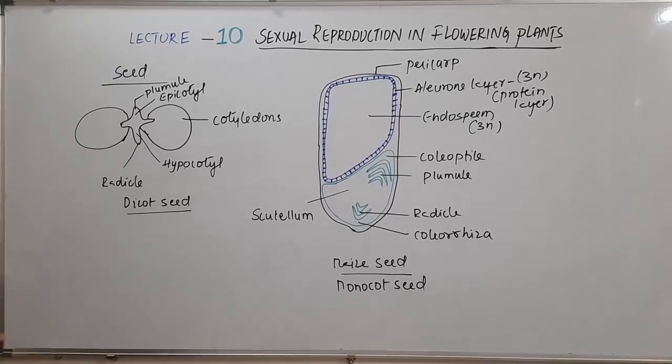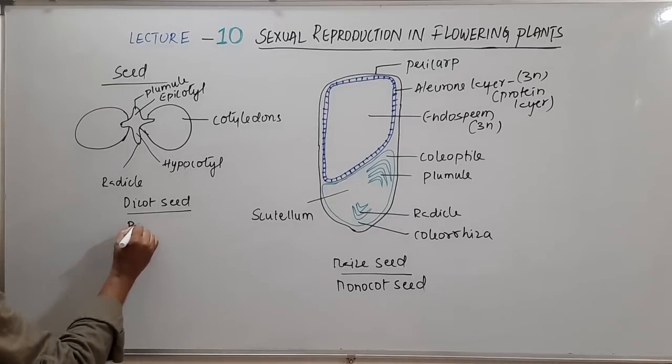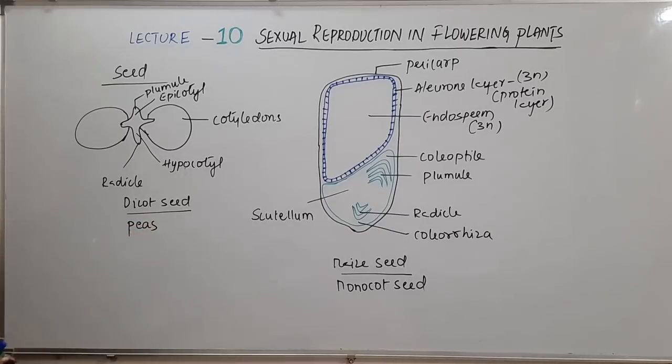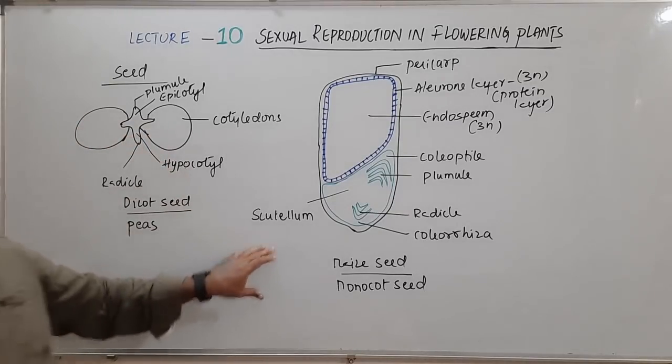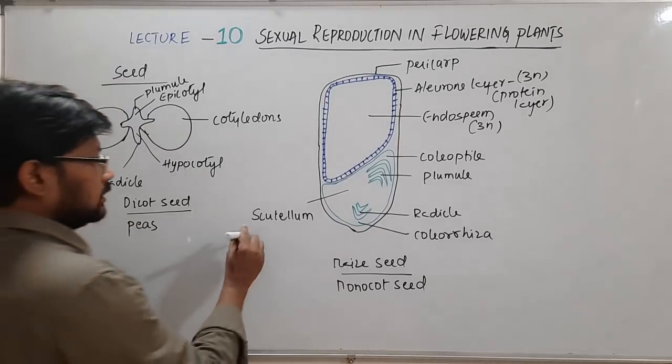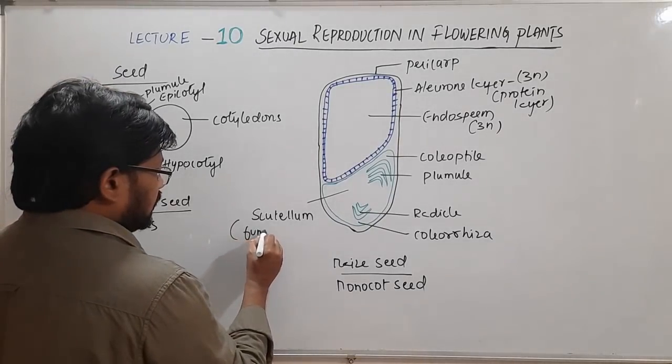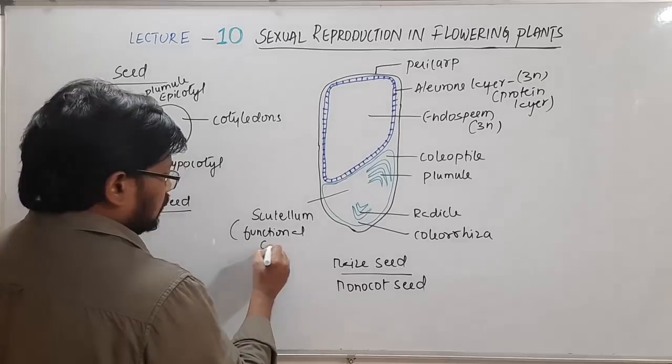For dicot seeds you can take examples like peas, which are dicot plants, and you will find two cotyledons. In the monocot, only one cotyledon, the scutellum, is the functional cotyledon.